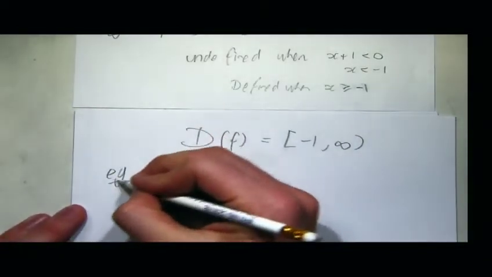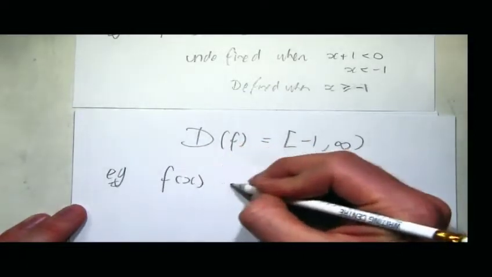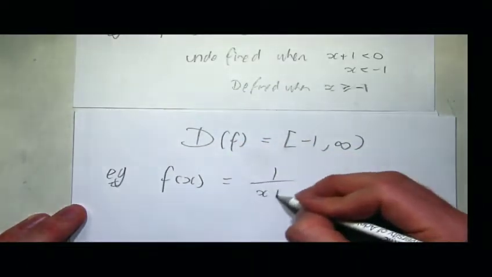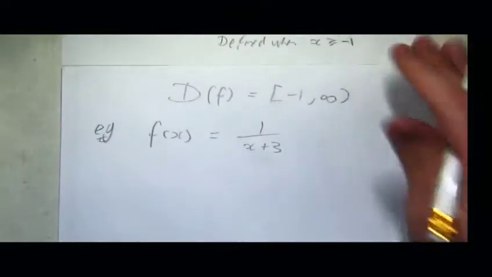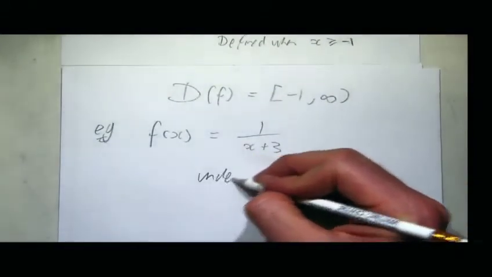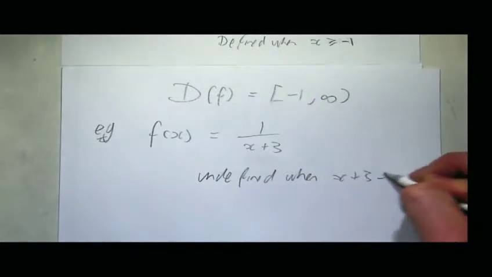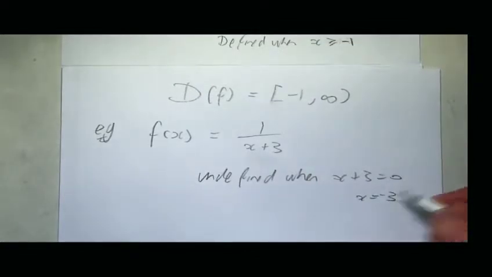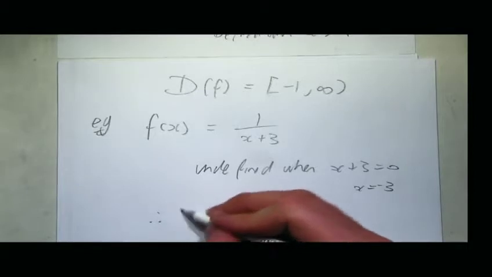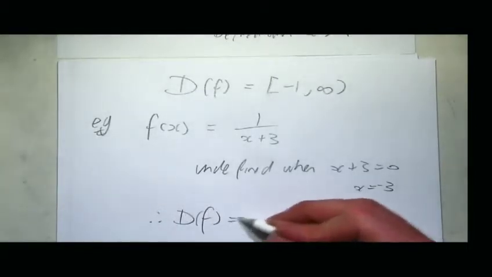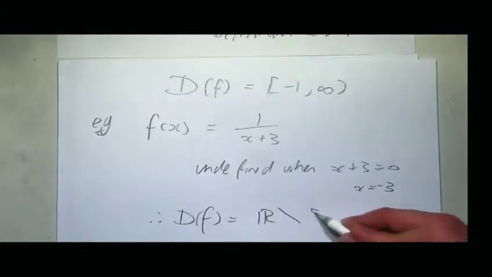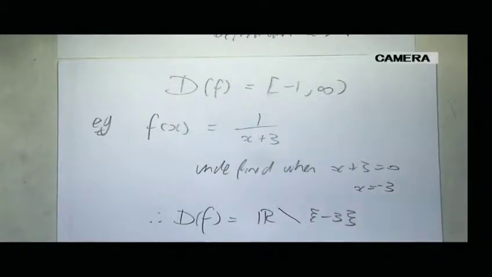So just one final one. You would say it's undefined when x plus 3 is 0, which means x is minus 3. So therefore, the domain of f is everything except minus 3. So that's one way of writing it.